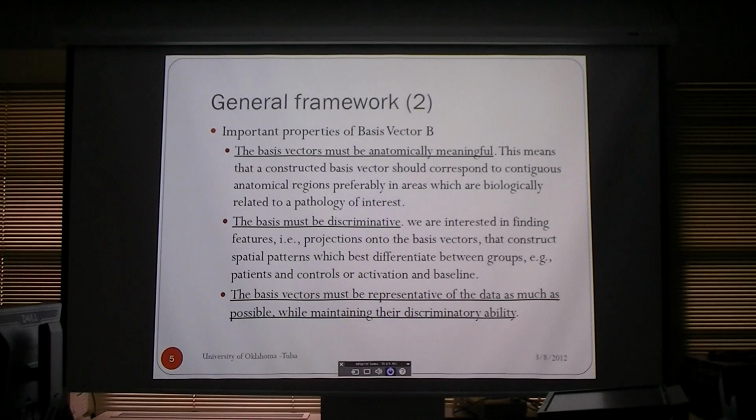Second, we want to use these bases as discriminators that can help us to classify our new data. And also we want these bases to preserve all of the data as much as possible, while maintaining their discriminatory abilities.